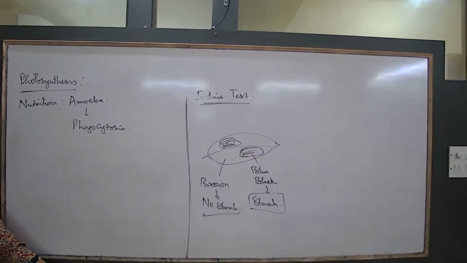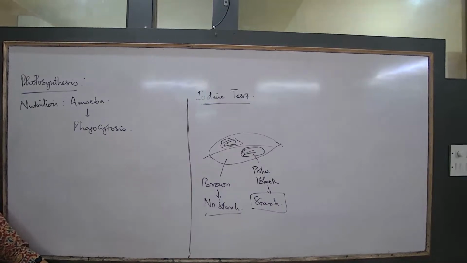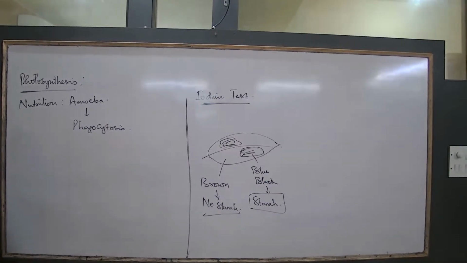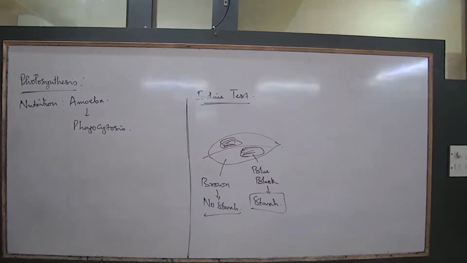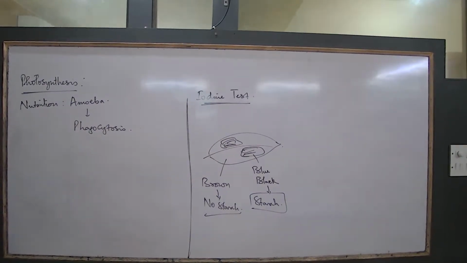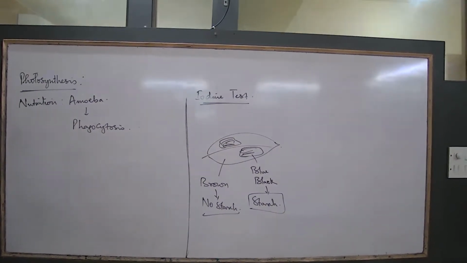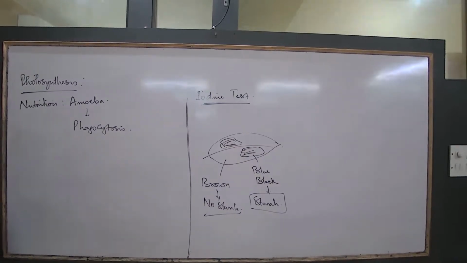Let us try understanding phagocytosis. This single-celled organism, whenever it takes in particles of food, it will always stretch its membrane, resulting in the formation of a cup-shaped structure.